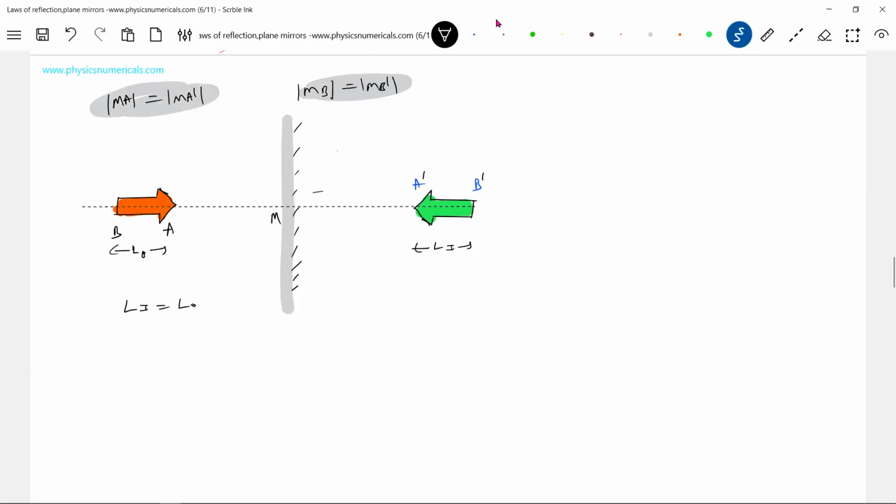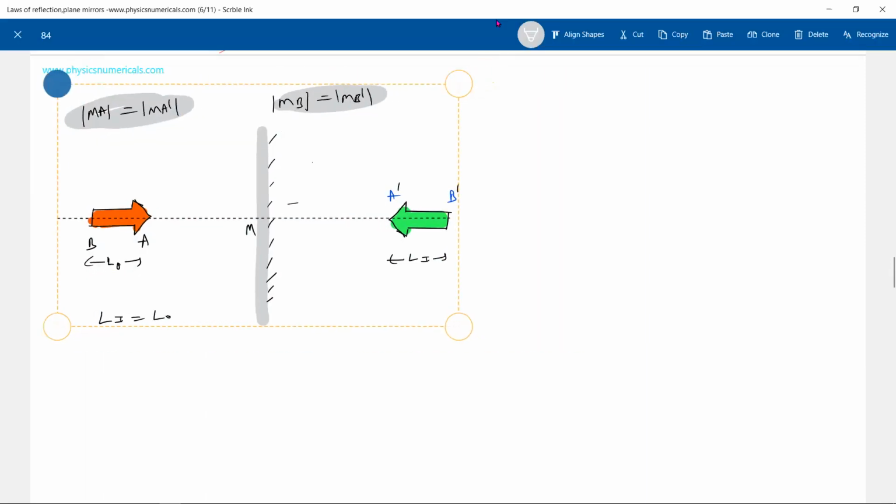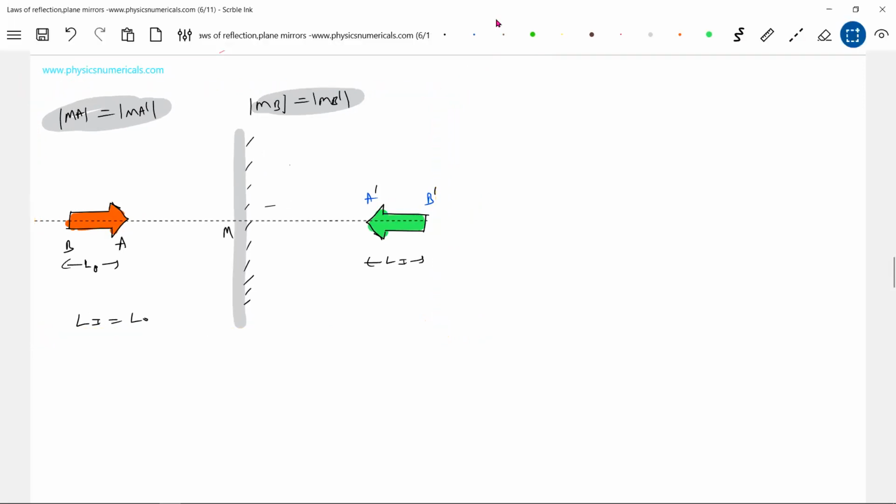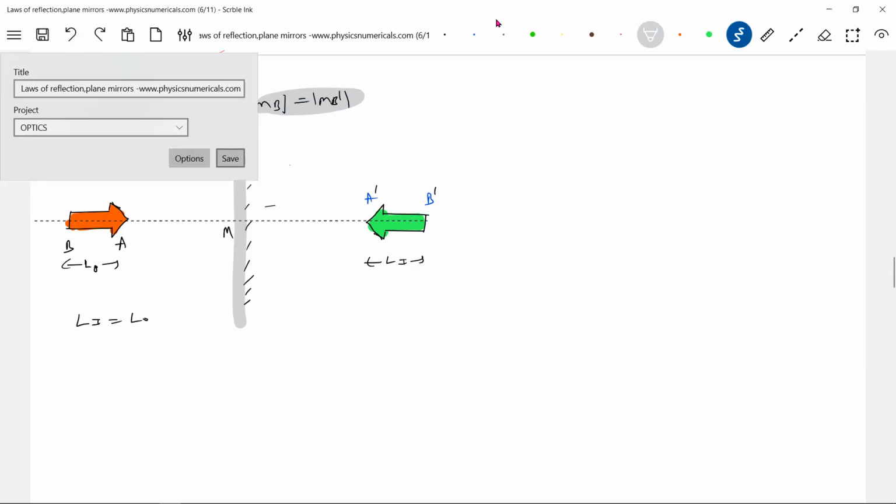I mean, sir, if you keep the object in this direction, if you change the orientation, let me take another condition. If there's a mirror, let me save space.